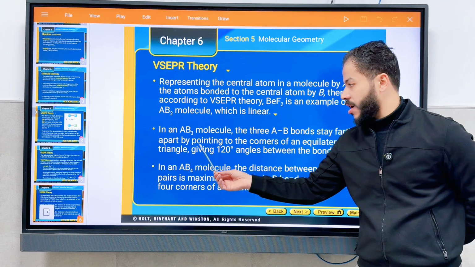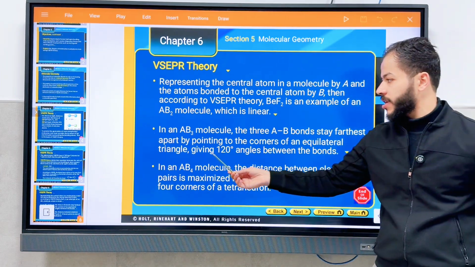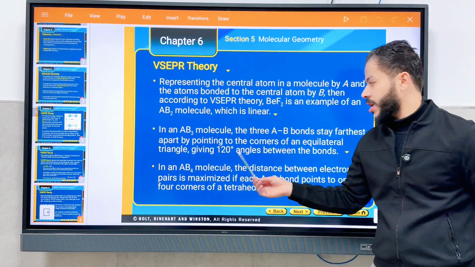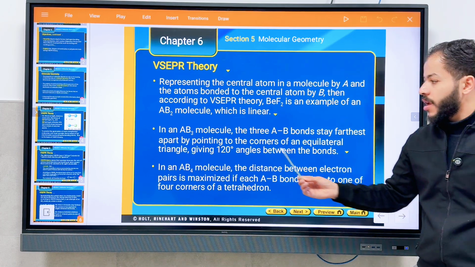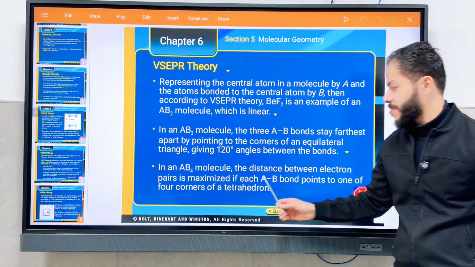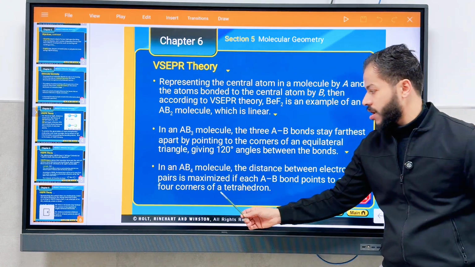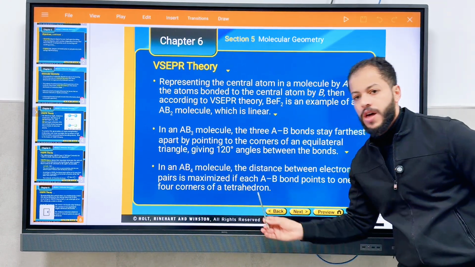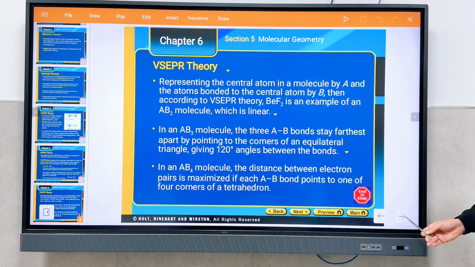The shape converts into trigonal, giving a 120 degree angle between the bonds. AP4 are 5 atom molecules, and the shape is tetrahedron. This is another shape, but we will come back.